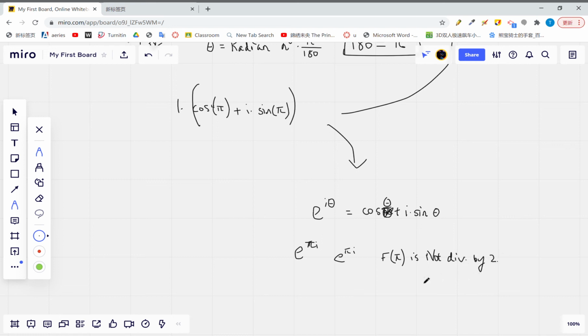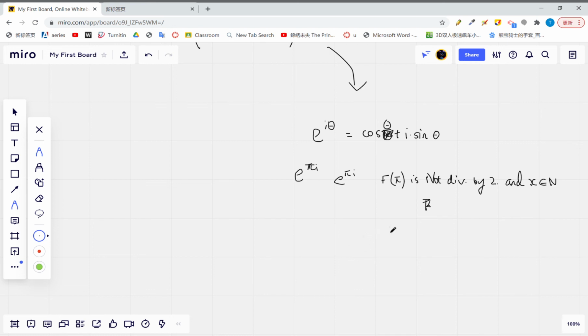Let's say the factor is x, and x is a real number. Then what we know is that e to the x pi i is going to equal -1.